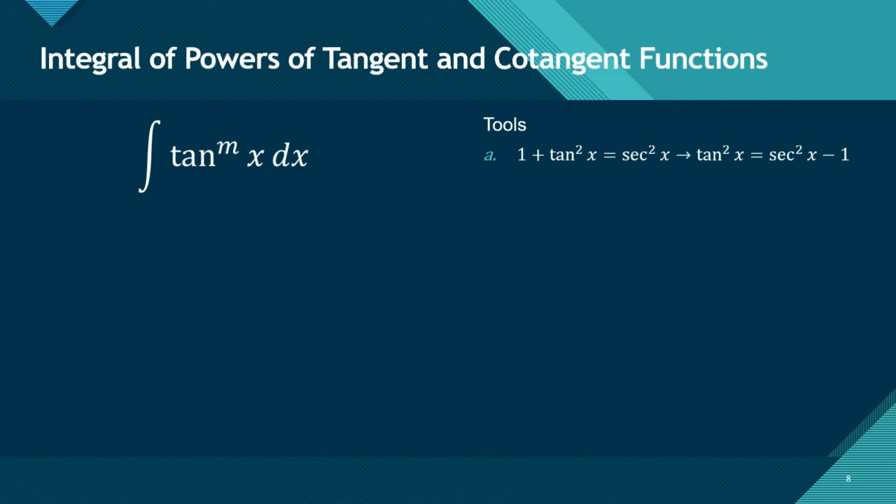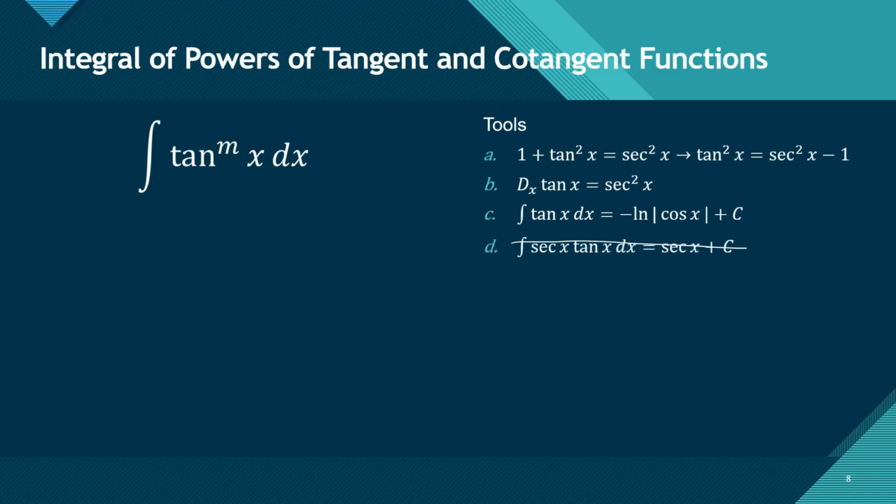Your Pythagorean identity. What else? The derivative of your tangent is equal to the square of secant of x. And this one, the integral of tangent of x dx is equal to negative ln of the absolute value of cosine of x plus c. And what else? This one.